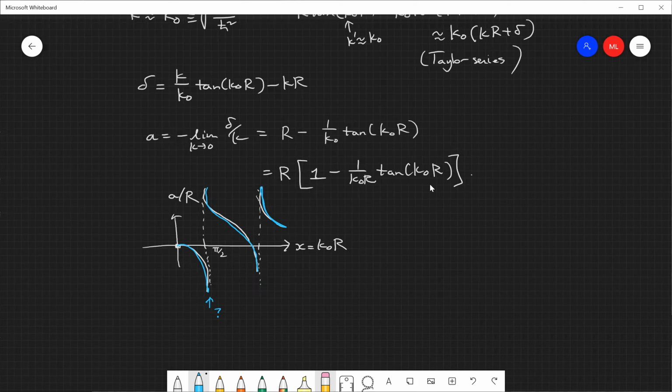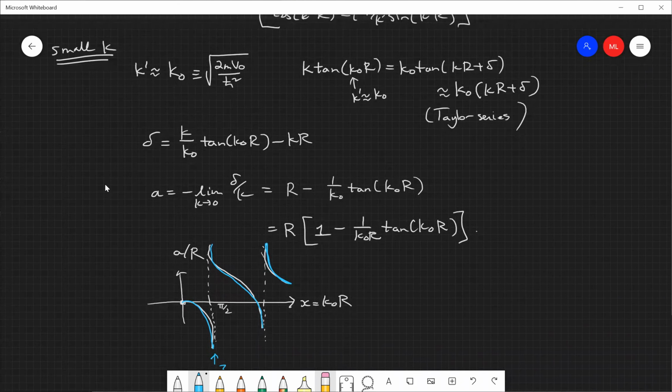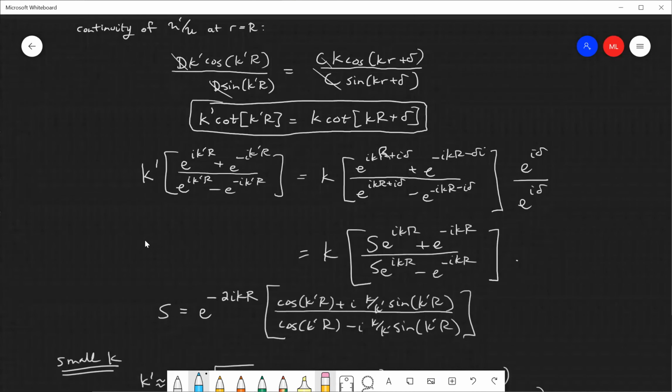So it means that really it scatters a lot in some sense, because imagine what's happening. We're sending in a particle at very low energies into this spherical well. And you're right, at this point this corresponds to a bound state for the potential. So when x is equal to this special value, the spherical well potential develops a bound state.